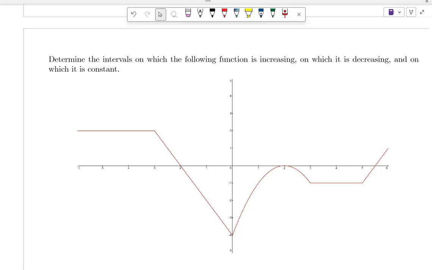What does a graph of a constant function look like? Remember, a constant function is no matter what you plug in, you get the same thing out all the time. So that should look completely flat, right? Notice on this particular graph, this part would be constant because it's flat all the time, and this part would be constant because it's flat all the time.